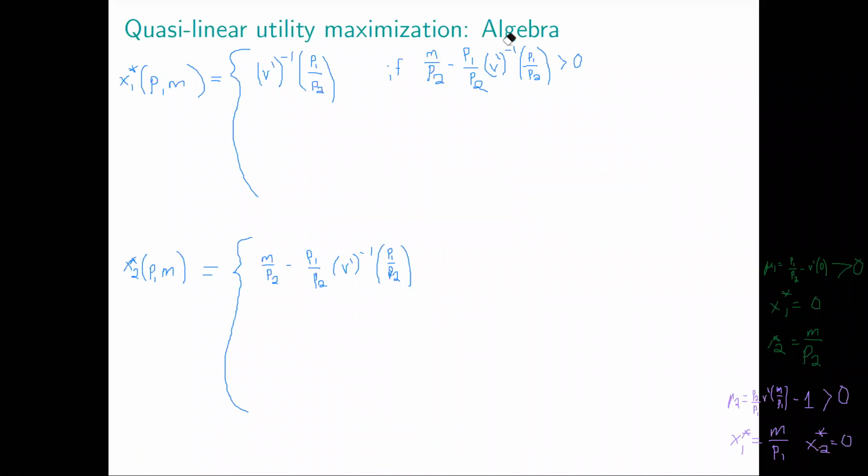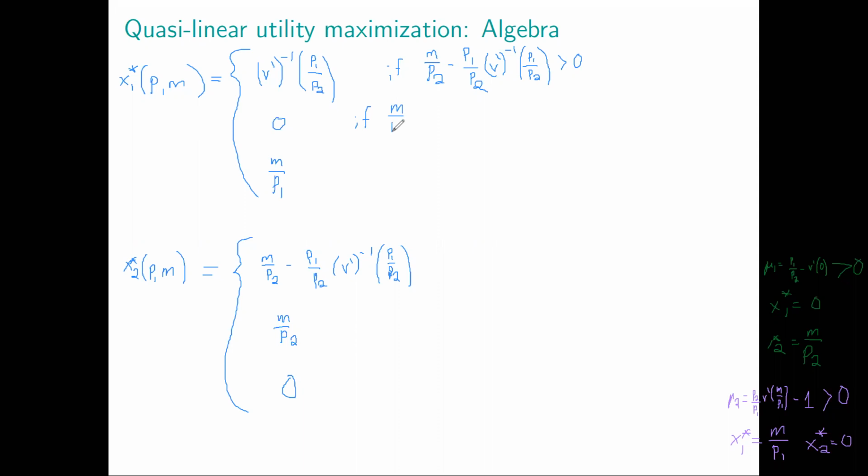So this will be 0, and this will be m over p2. And here it'll be m over p1 and 0 here. And we can add these other conditions as well, so these will actually cover everything.